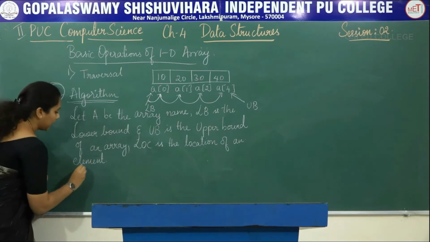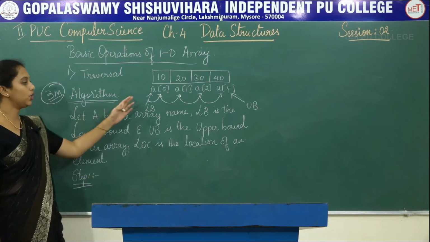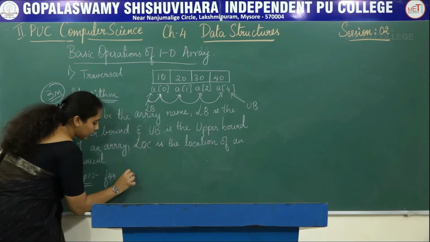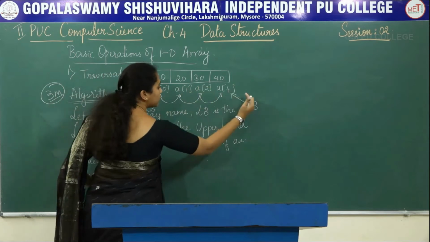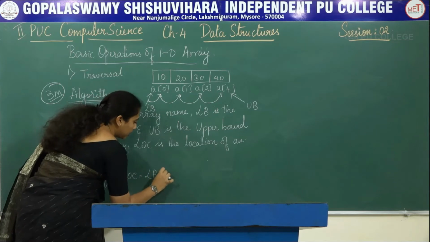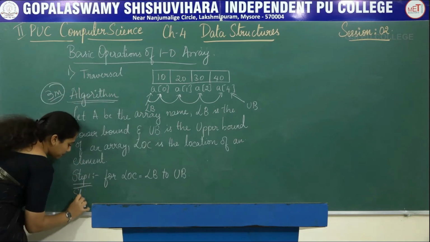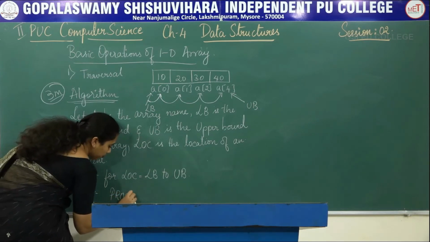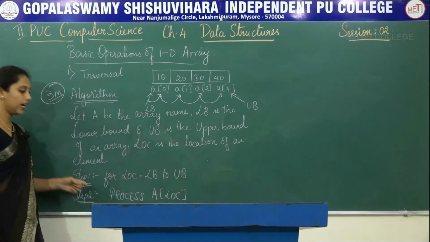What is the first step? First step is to visit each element of the array. We are using a for loop, that is, for location is equal to lower bound to upper bound of the array. Step 2: process A of location.